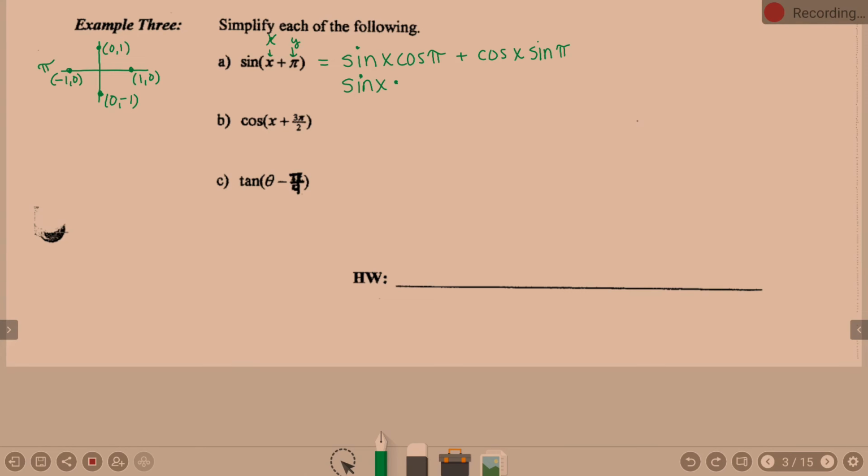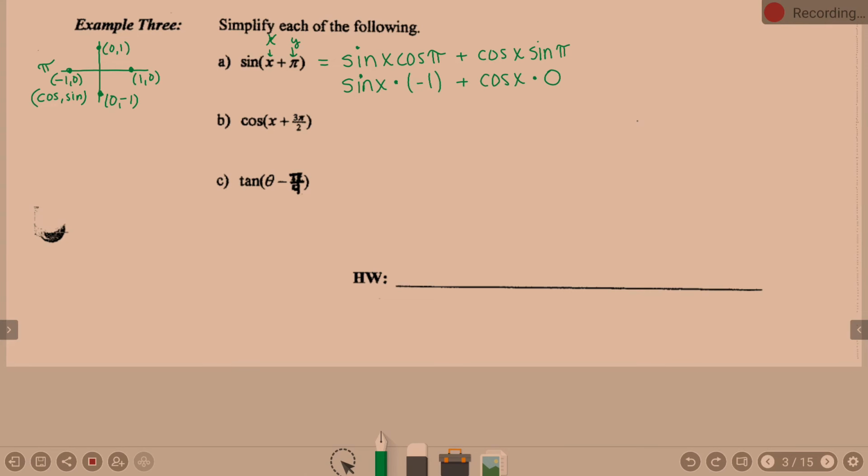Right over there. And remember, in an ordered pair, it is cosine, sine, yes? So cosine of pi is going to be -1. Plus cosine of x is cosine x. Sine of pi, 0, according to our quadrantal angle there.